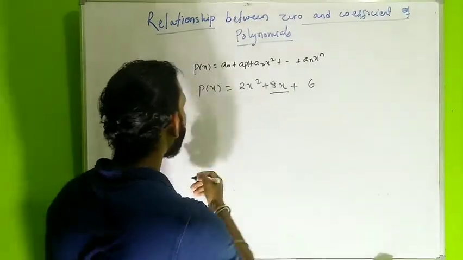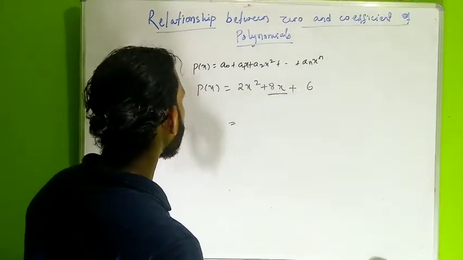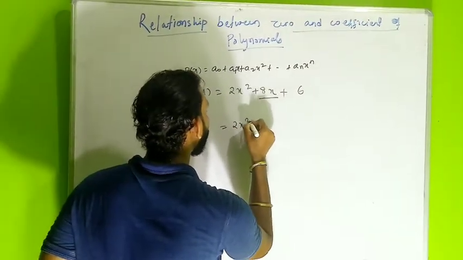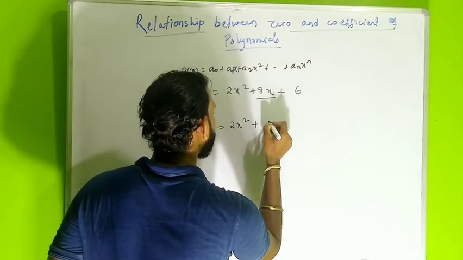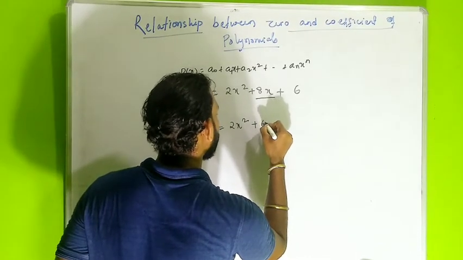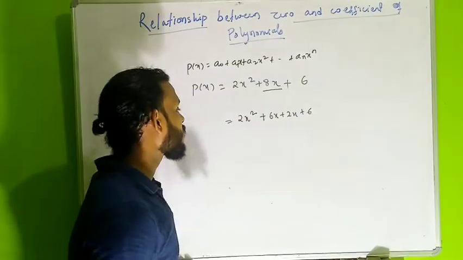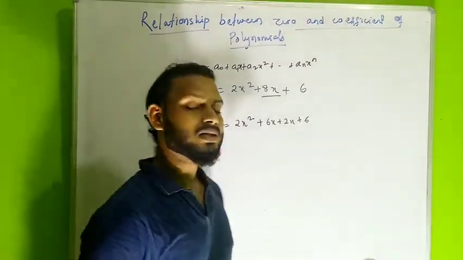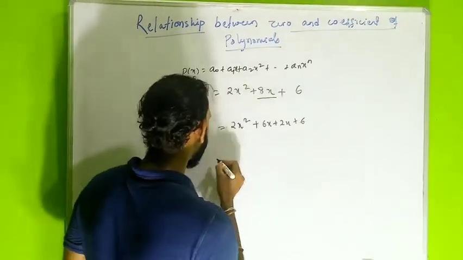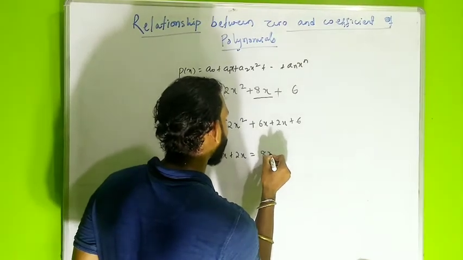Okay, so how to do the middle term factorization? You can see it will be equal to 2x square plus 6x plus 2x plus 6. As you can see, 6x plus 2x is equal to 8x.